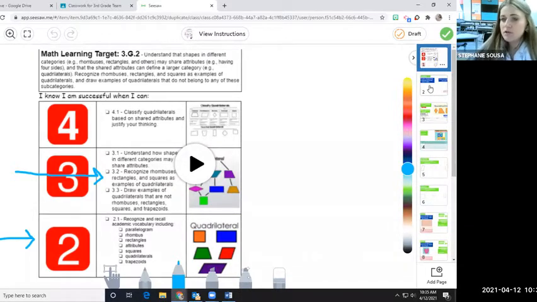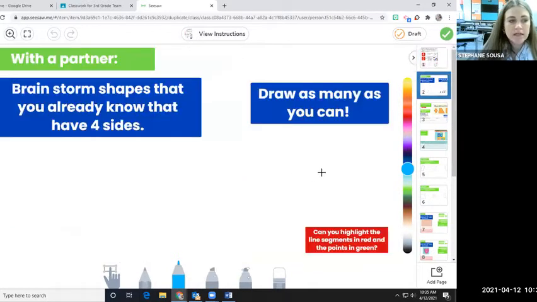Today, we are going to use vocabulary such as point and line segment to talk about different quadrilaterals and to define them. Let's take a look at slide 2, please. With a partner, you are going to brainstorm shapes that you already know that have four sides, okay?